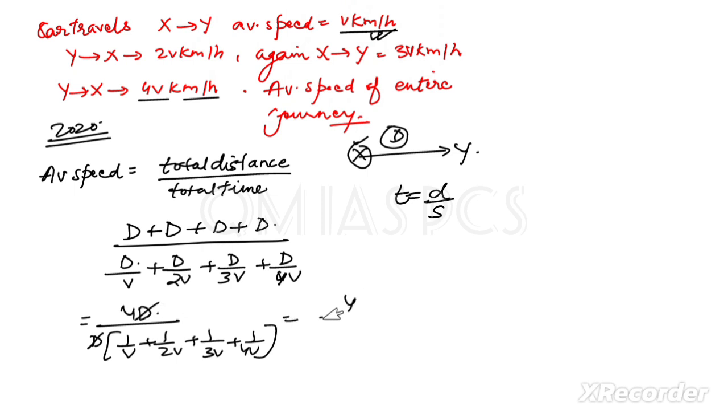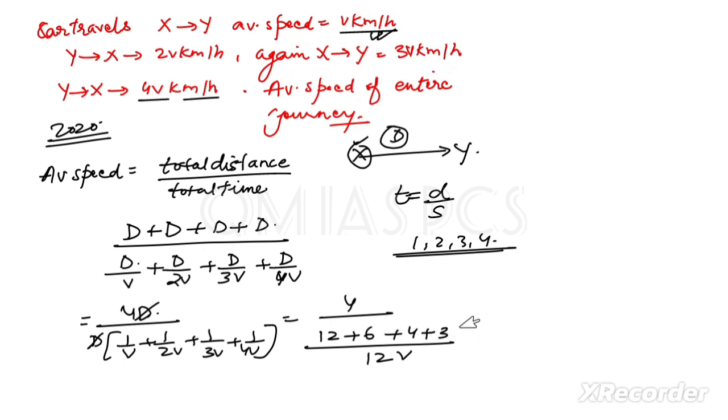So it will be 4 by, what is the denominator, LCM of v, 2v, 3v and 4v. You can take LCM of 1, 2, 3 and 4. I think LCM is 12. So here it will be 12, here is v, and it is 12 plus 6 plus 4 plus 3.